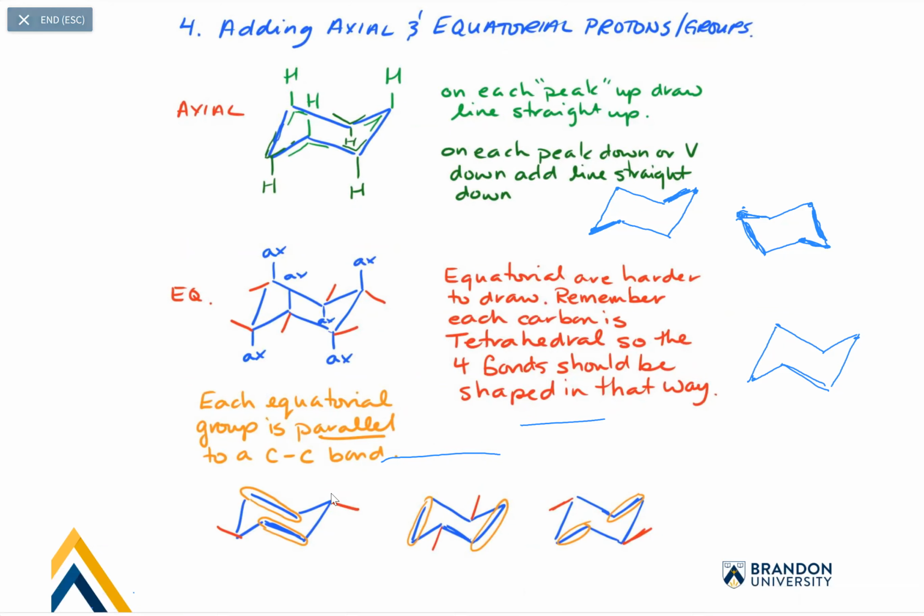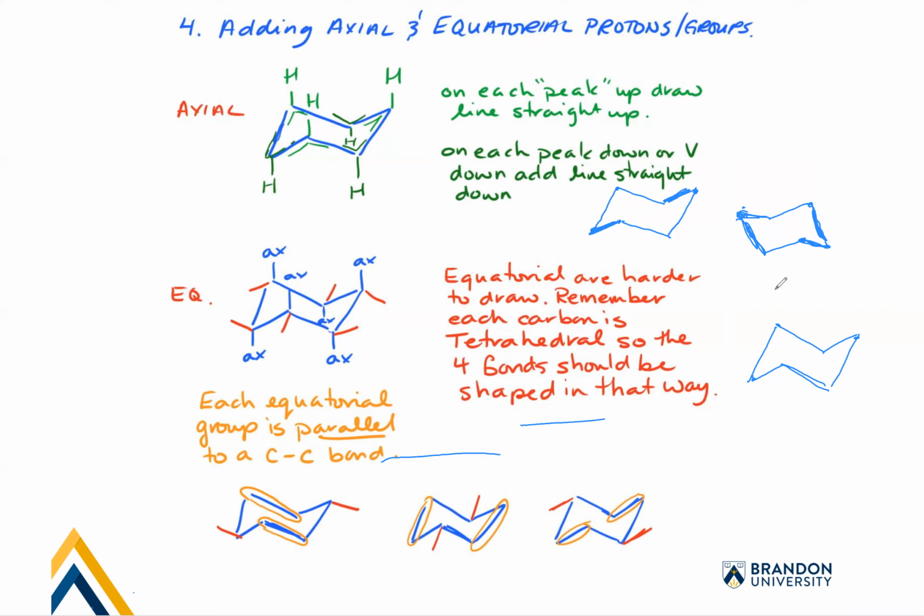Now we need to be able to draw the protons. Oh, they moved over. Okay, good. So drawing the axial protons is easy compared to the other ones. Sorry about that.